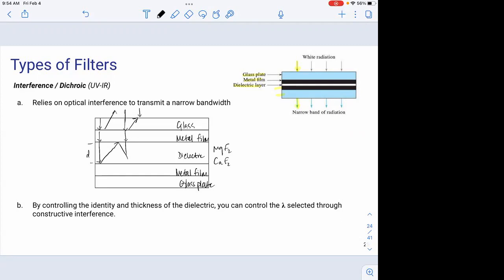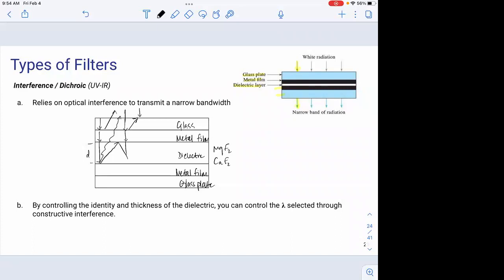Okay, so particular wavelengths of light are going to be reinforced while others are going to be bounced backwards and out. So we have destructive interference of all of those other wavelengths that aren't the wavelength that's being reinforced.